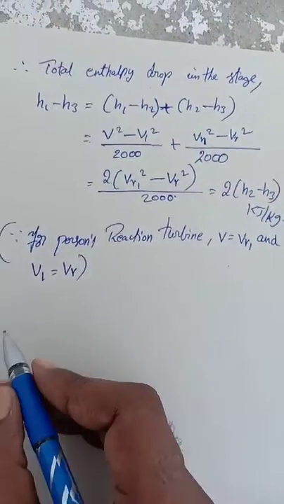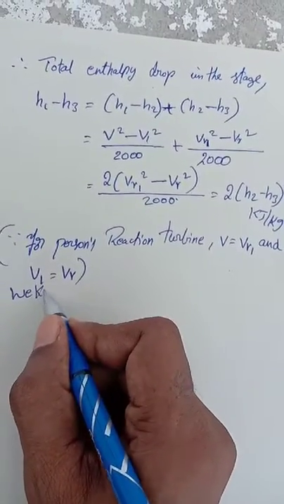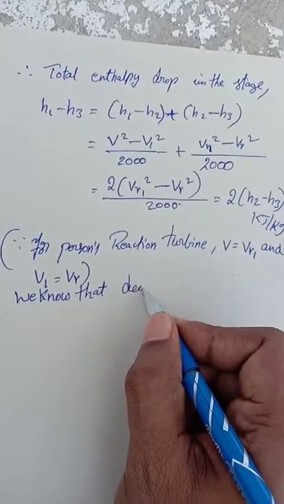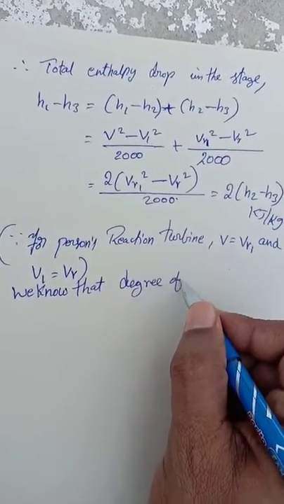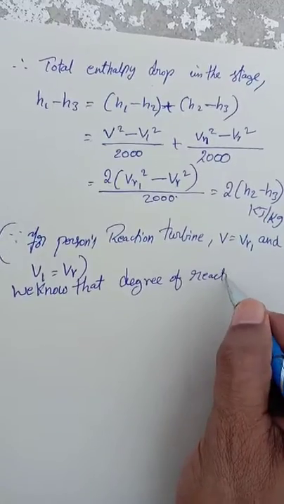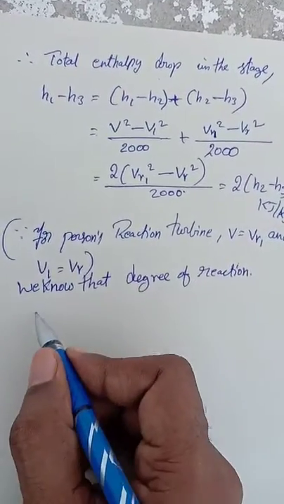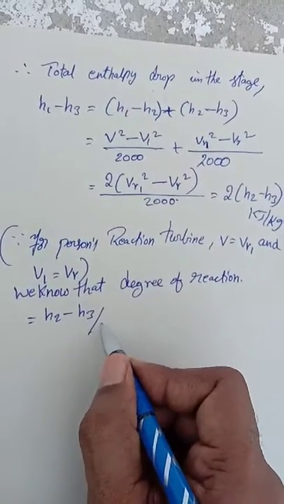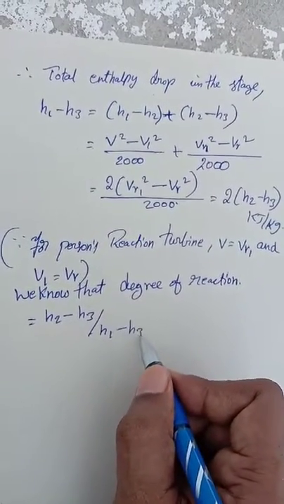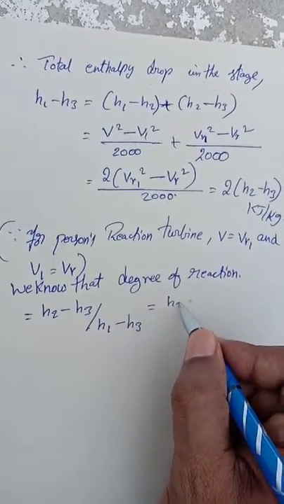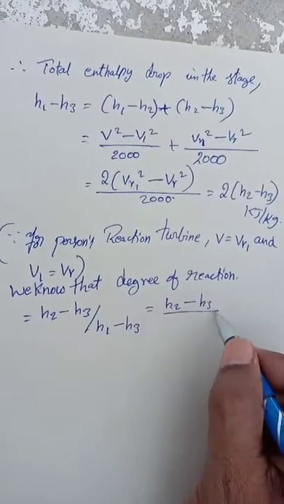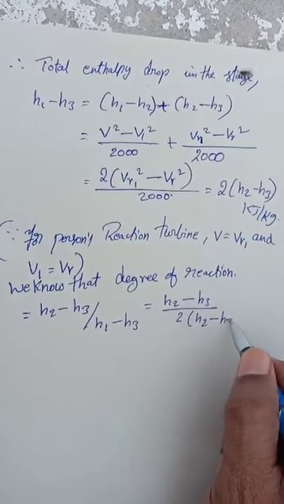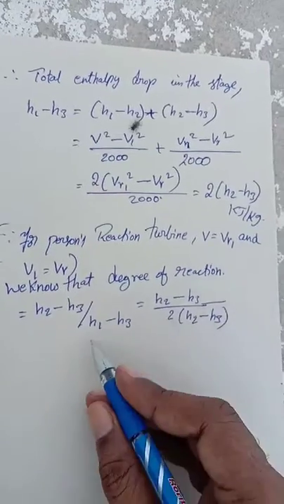So I know that the degree of reaction is equal to (H2 − H3) divided by (H1 − H3), which is equal to (H2 − H3) divided by 2 × (H2 − H3).